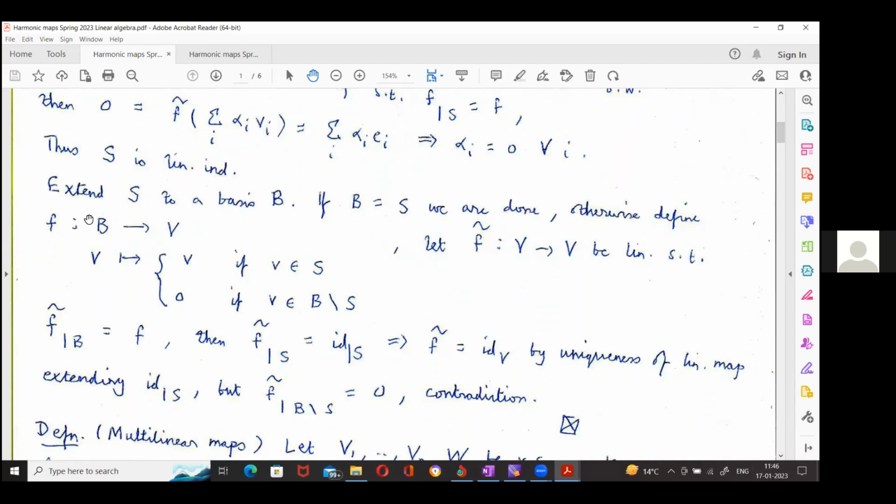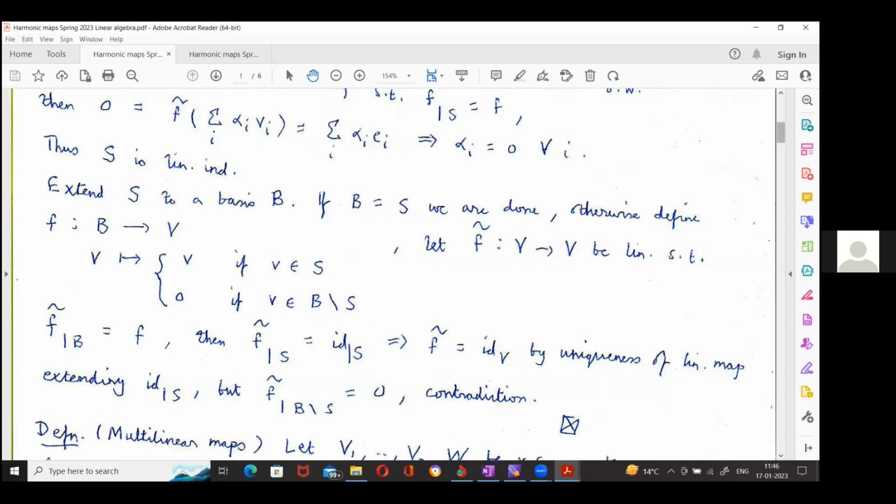Otherwise, you define a function from B to V, where v goes to v if v belongs to S, and goes to 0 if v belongs to B minus S. Since B is a basis, we can extend this function to a linear map F tilde from V to V such that F tilde restricted to B is equal to F. But then F tilde restricted to S is the identity map of S.